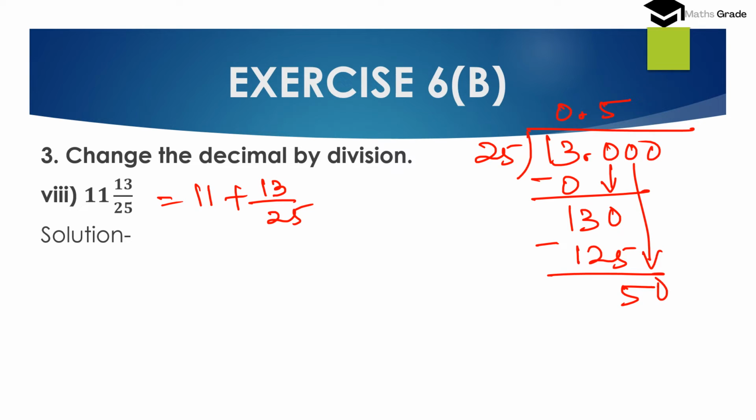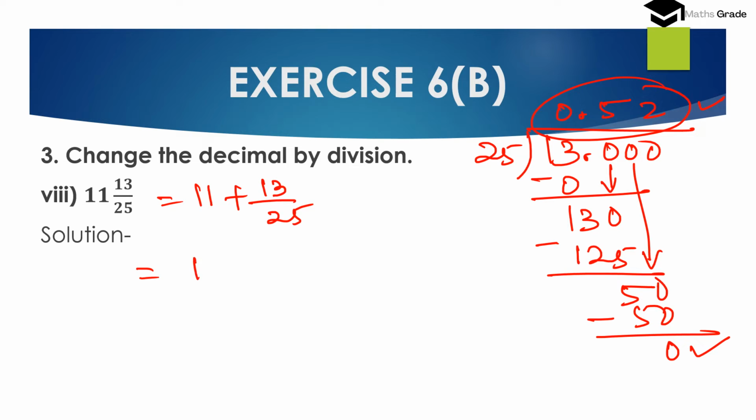Now in the table of 25, if we multiply 25 with 3, it is 75, which is more than 50, so we have to multiply 25 with 2, and 25 multiplied with 2 is 50. Now 50 minus 50 is 0. Now 0.52 is the decimal form of the fraction 13 divided by 25.